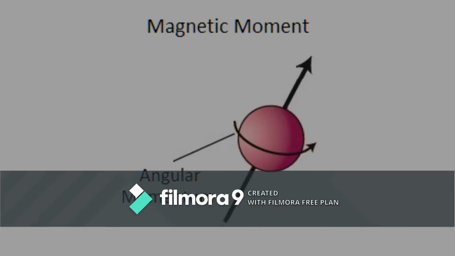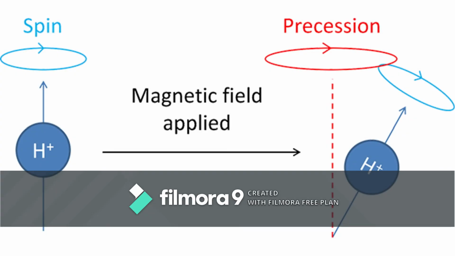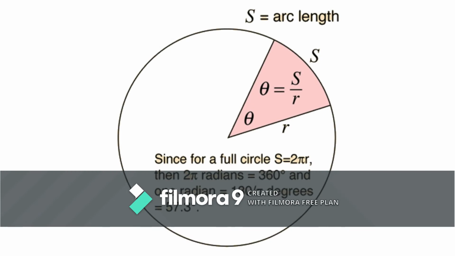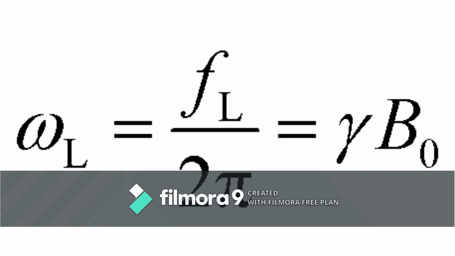If placed in a magnetic field, the magnetic dipole moment will undergo precession about the direction of the magnetic field with an angular frequency. This frequency can be referred to as the Larmor frequency. The Larmor equation suggests the greater the field strength, the greater the frequency of the precession.